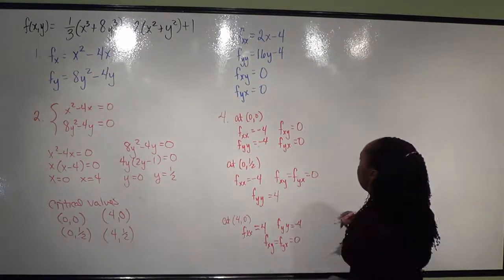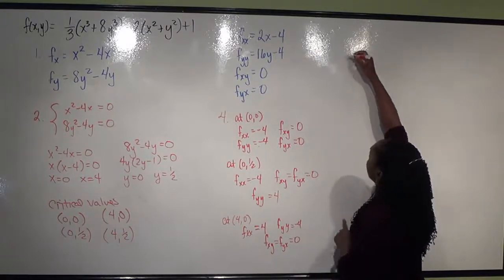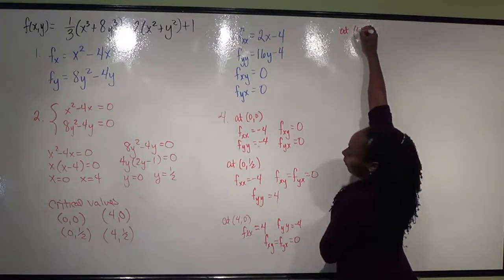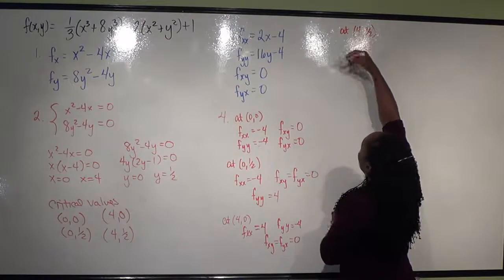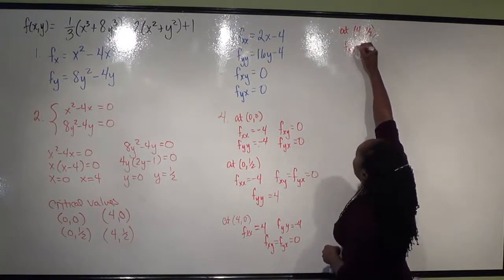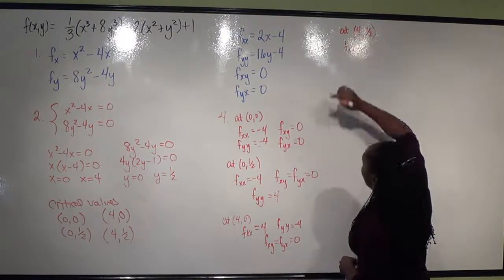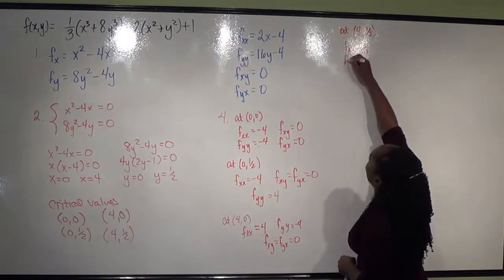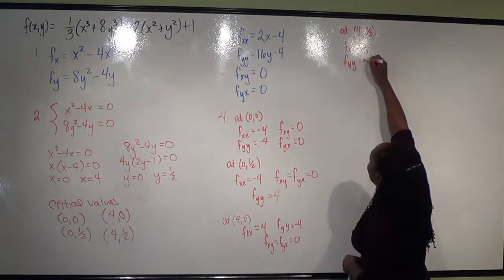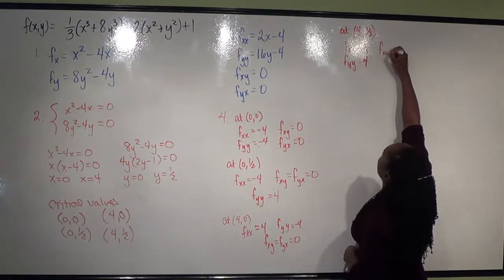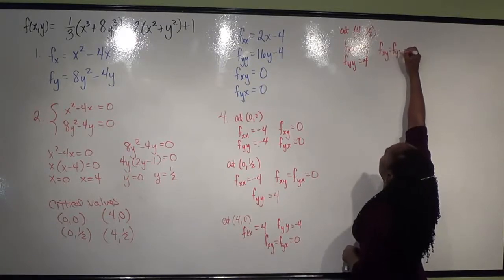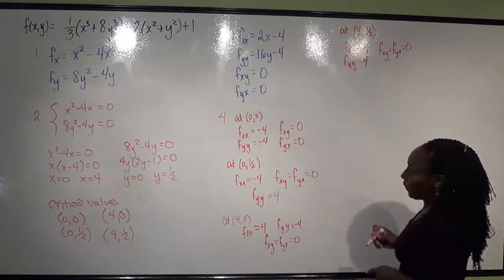And then lastly, at 4, 1/2, both the xx and yy will change. So fxx will be positive 4, fyy will be positive 4. The fxy and fyx are still both 0.